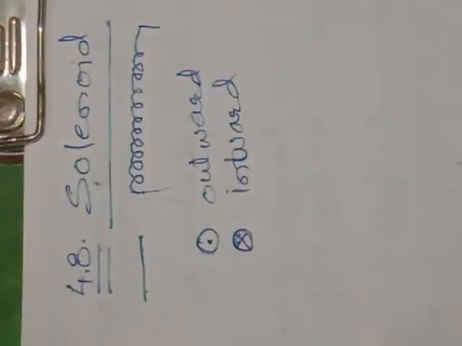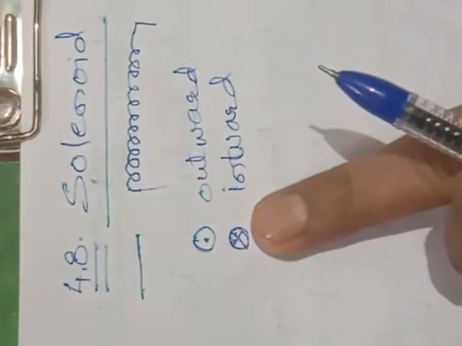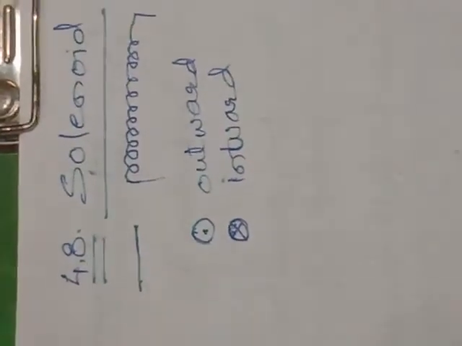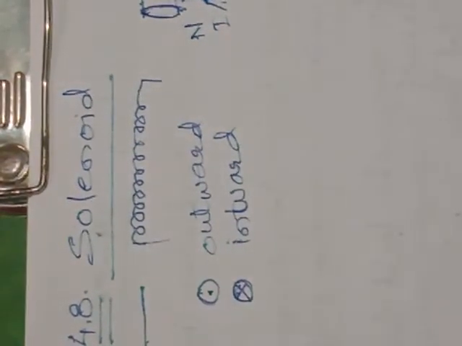Means what? The cross sign with circle represents that the current is perpendicular to the plane of the paper and directed inward. If a dot is there, it is represented as outward.